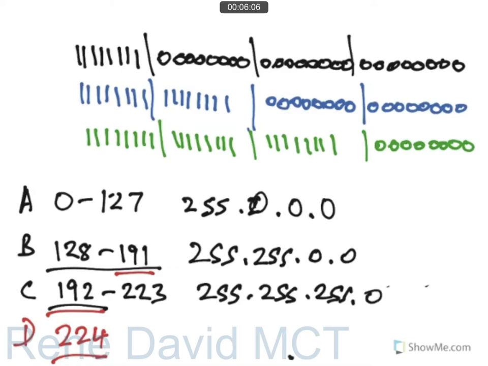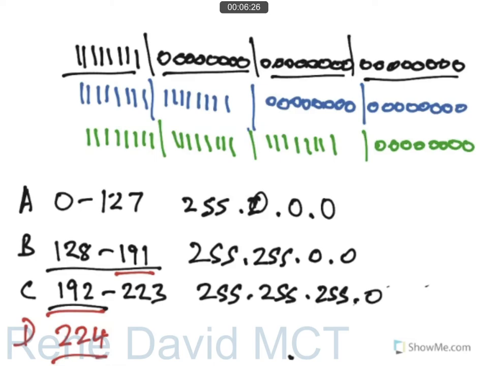Sorry about my terrible handwriting. So if you have a look at the top of the screen there, you can see that I've written out the binary representation for these subnet masks. All ones being 255, and all zeros obviously being 0.